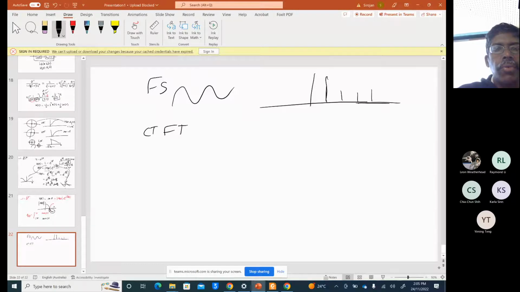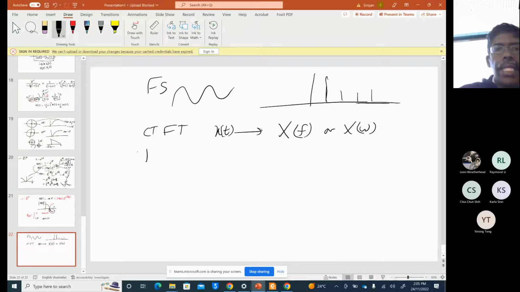Here, for continuous time you have x(t), and from that you get X(f), or X(omega). So that is the continuous time Fourier transform.